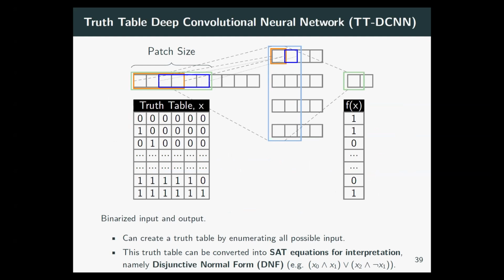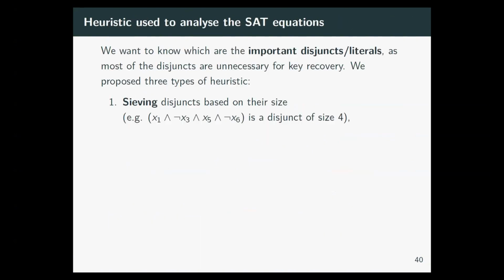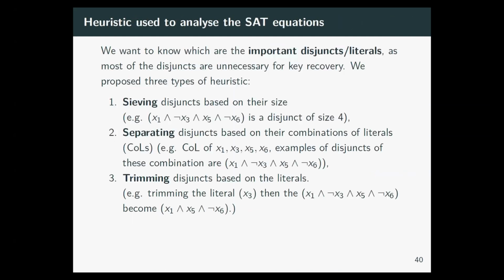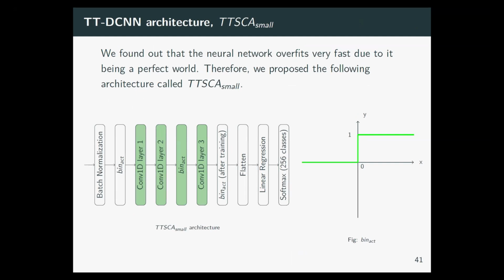The real world input is real numbers, right? So you're converting that to binary. Yes. So this will actually affect the performance. But because we are doing interpretability, for example, we have batch normalization before that.